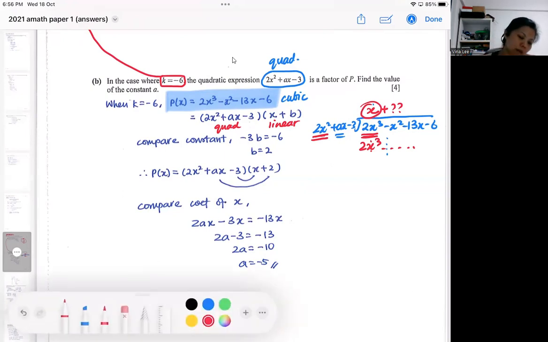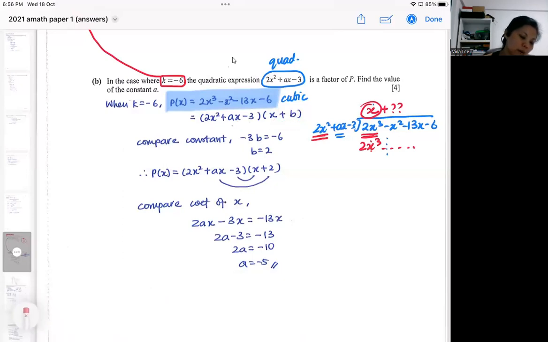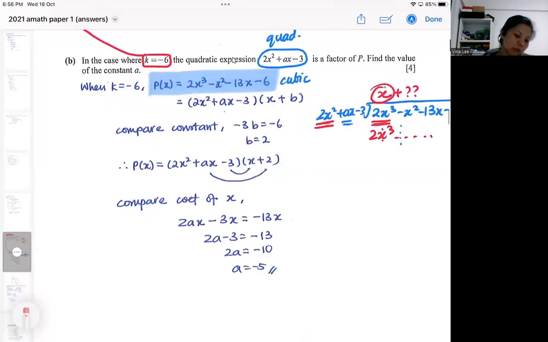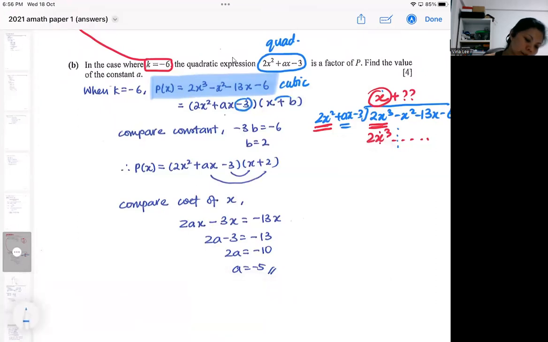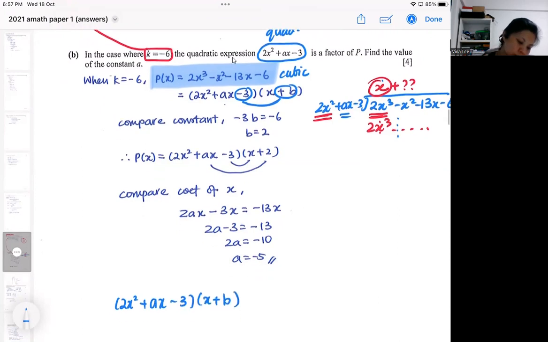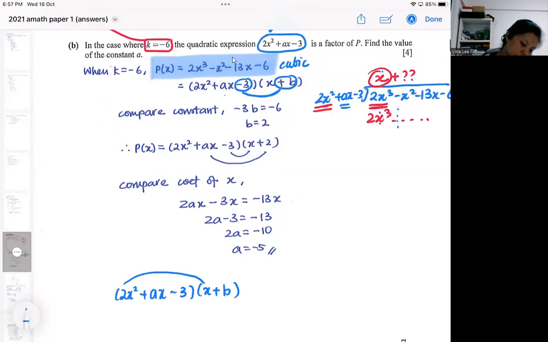From here on, it's a little bit like your binomial, where you do a bit of comparing coefficients, but the comparing is very easy. For example, this will be the one that gives me the constant. Those who are not very good with this, you can expand out all the arrows.